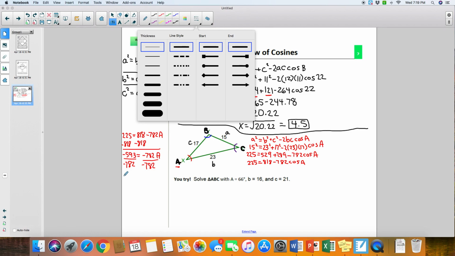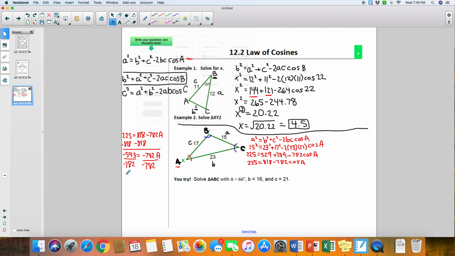I'm going to round that to 2 decimal places, so it would give me positive 0.76. And of course this would become 1, so that would cancel out, and then I would have A equals 0.76.